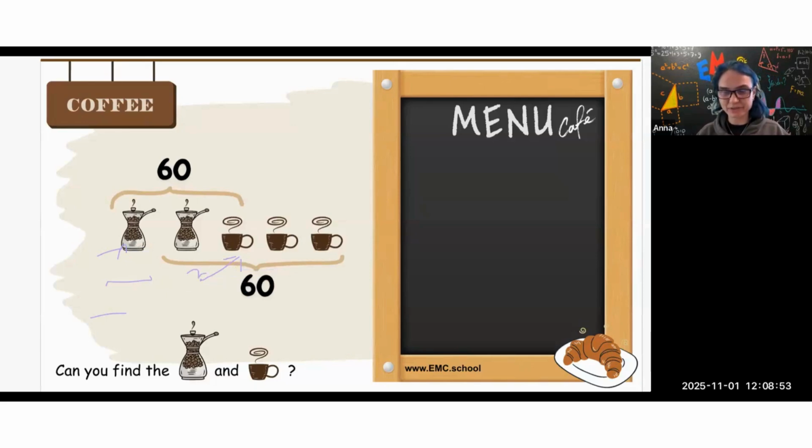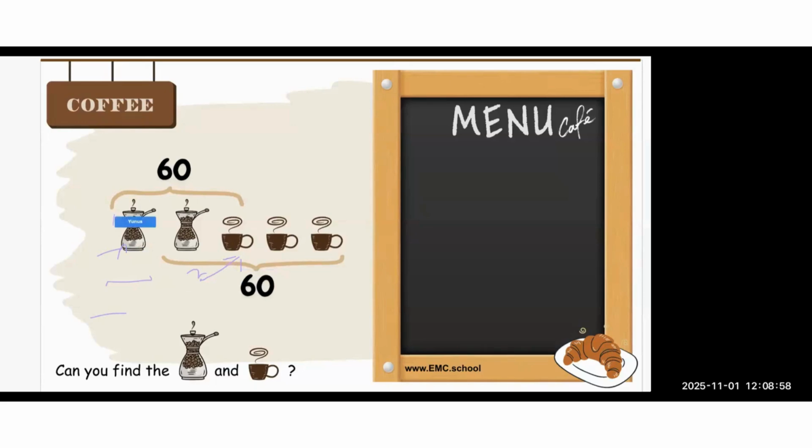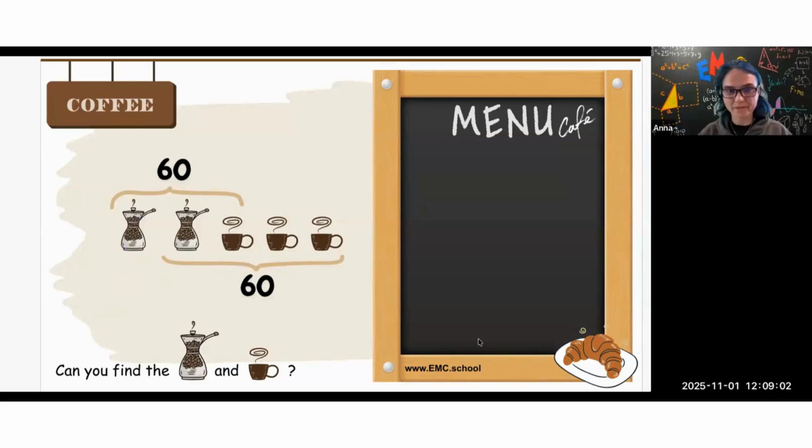Janusz, is this a clue? Do you want to say what you're thinking about? Yeah, so the big one is 2 times the small coffee cup. The big one looks like it's twice as much as the small coffee cup. How are you seeing this? Explain a little more.